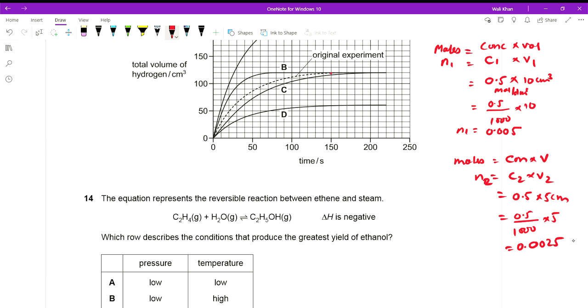So if we take half of it, it is about 60. It is about half of this experiment. Okay, so the option is D.